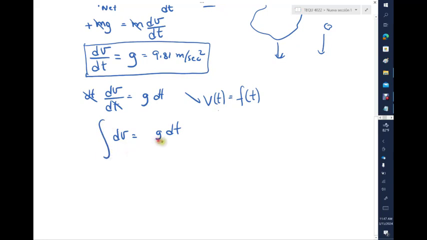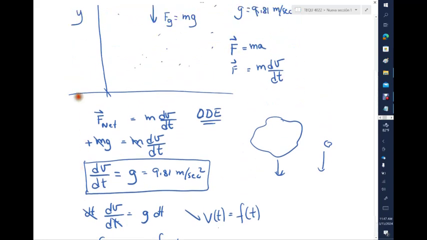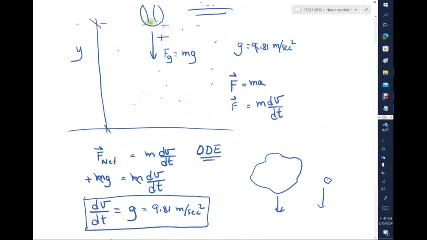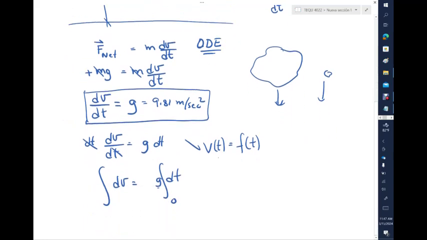Since g is a constant, it can stay out of the integral. Now at time equals 0, what is the velocity of the ball? If you are opening your hand and allowing the ball to fall, then at time 0 the speed of the ball will be 0. If you threw the ball, that would be different, and the speed at time 0 would be a number.